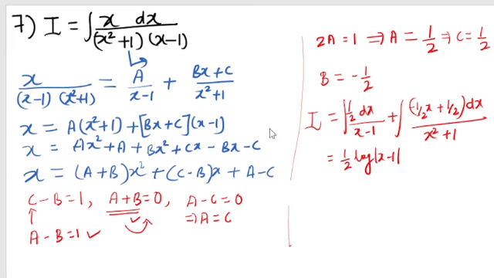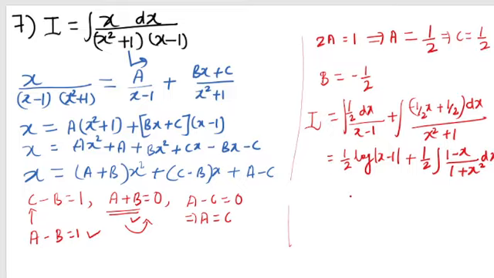For the second part we can take 1 by 2 common, and then it will become 1 minus x divided by 1 plus x square into dx.